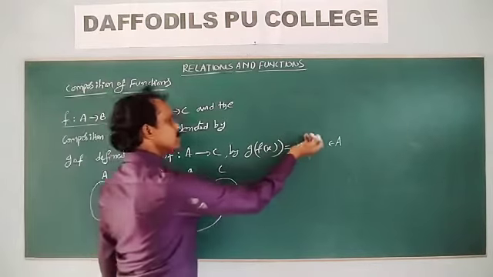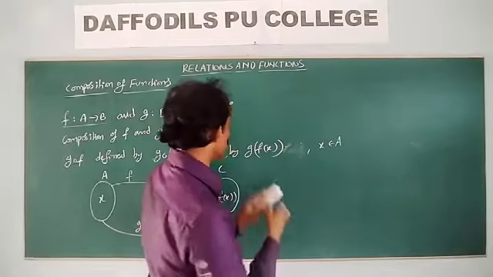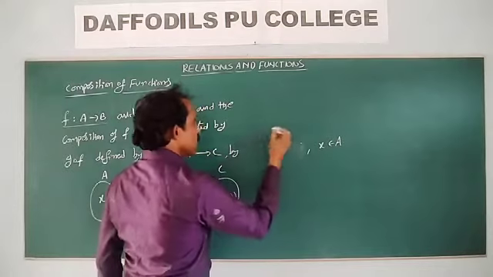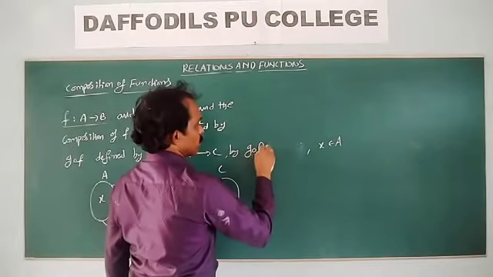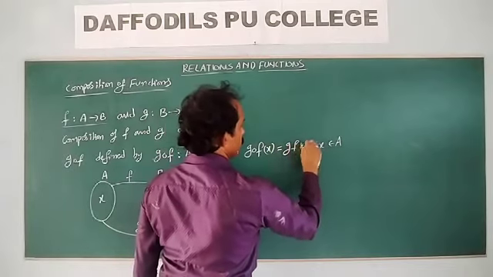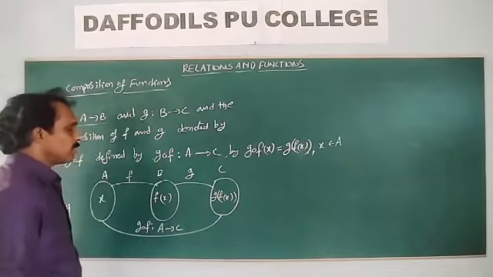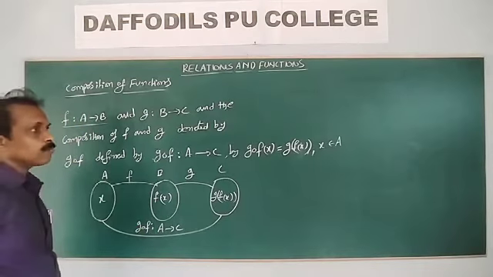Sometimes the composition can give the identity function. We will get some other theorems later. g of f of x is the composition definition for all x belongs to A. So this is the composition function.